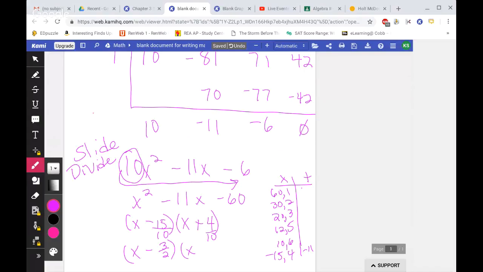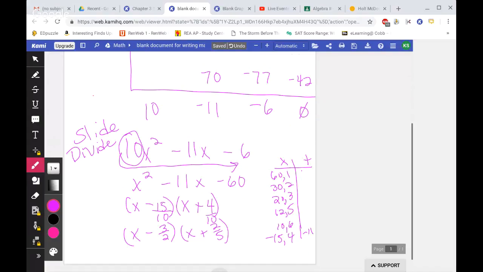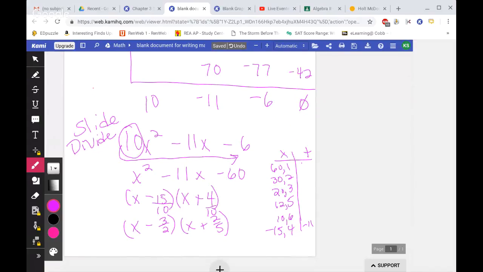And this reduces to 2 over 5. Then to pretty it up a little bit more, or actually you can just take that if you want to. So your zeros are going to be 7, 3 halves, which I think should be 1.5, and then a negative 2/5, or 0.4, negative 0.4.